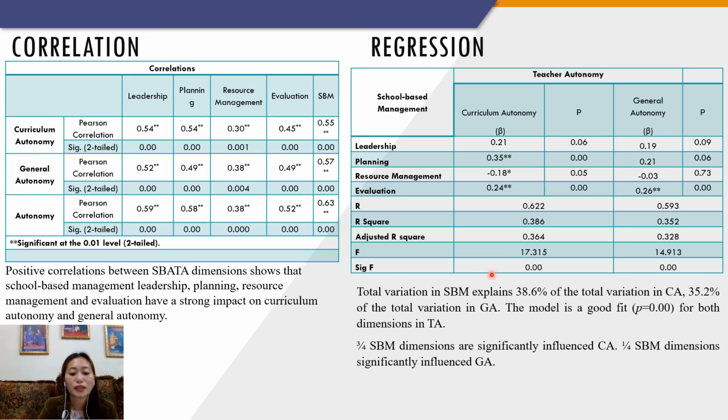Multiple regression analysis has shown that there is a significant influence of school-based management on teacher autonomy, which proves there is a relationship between both variables.